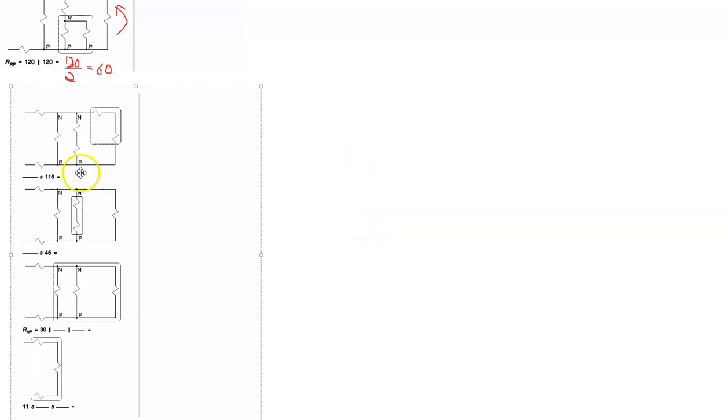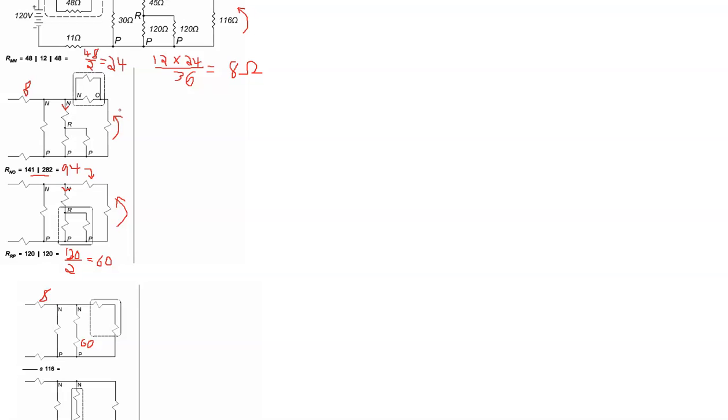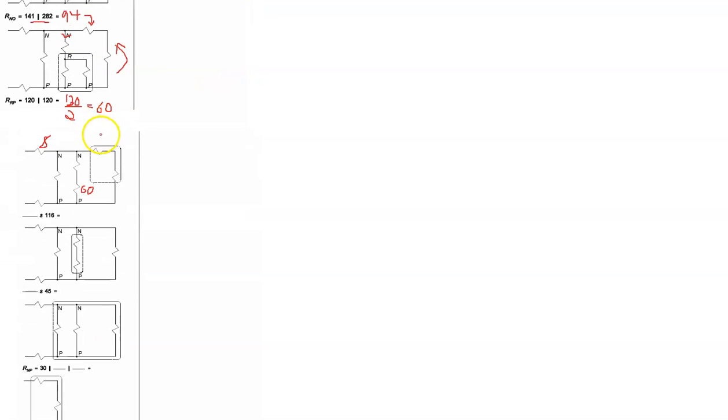Okay, so this one here was the 60. This one, remember, was 8 that we calculated, and this one here, what value did we have for that? That was the 94 that we calculated.